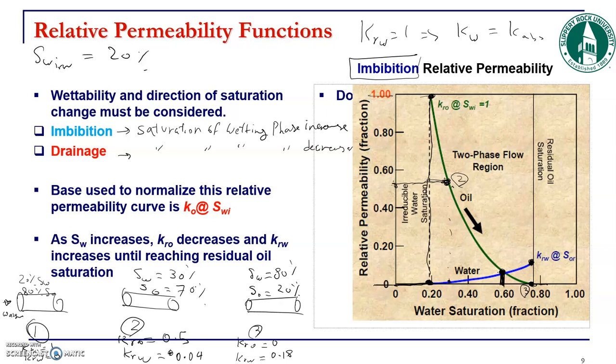You still have oil inside your system at this point, but the relative permeability of oil is 0. What does that mean? You have a residual oil saturation, as we call it, of 20%. It means that 20% of the oil is immovable inside your porous media and you cannot move that.